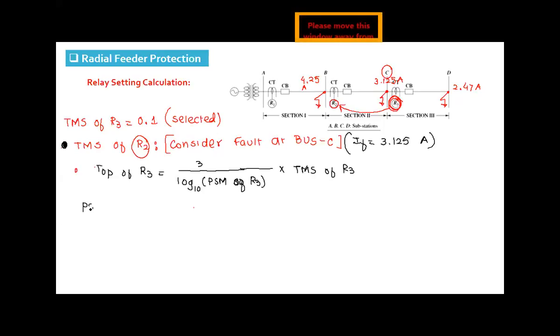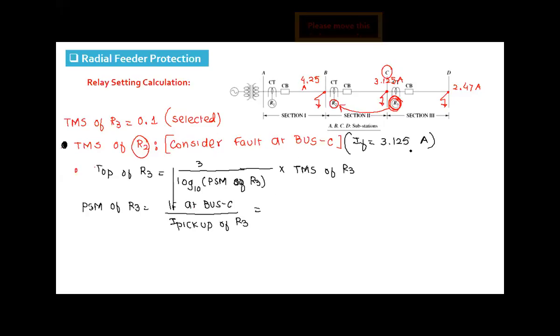What is PSM of R3? IF at bus C upon I pickup of R3. So what is fault current at bus C? That is why I am highlighting here. Okay.